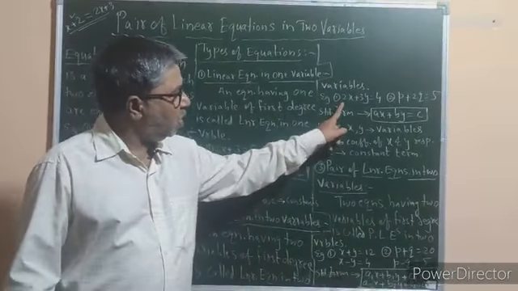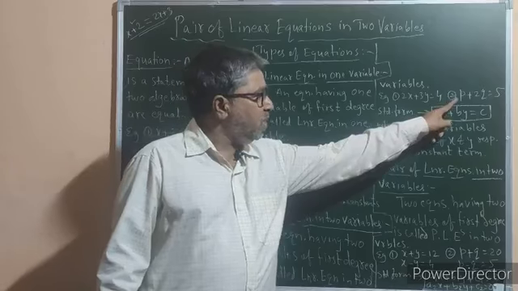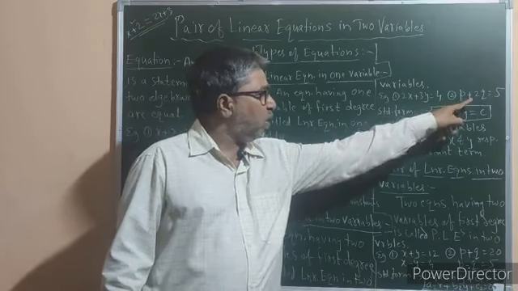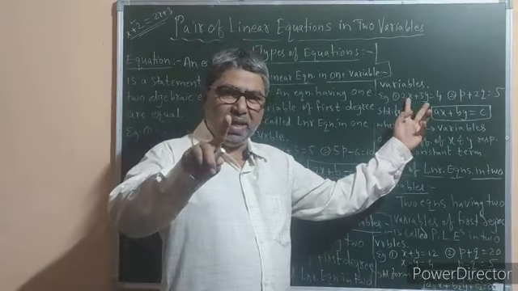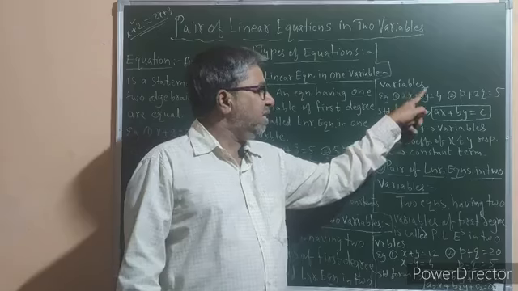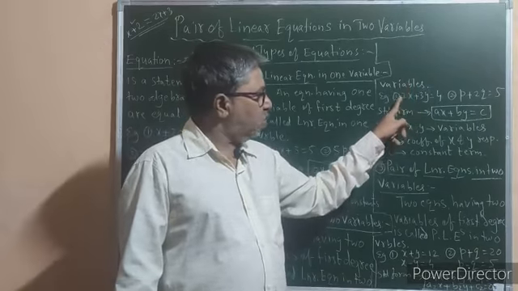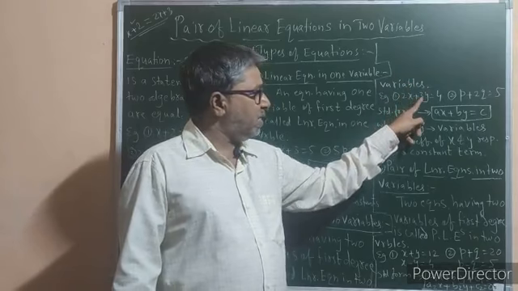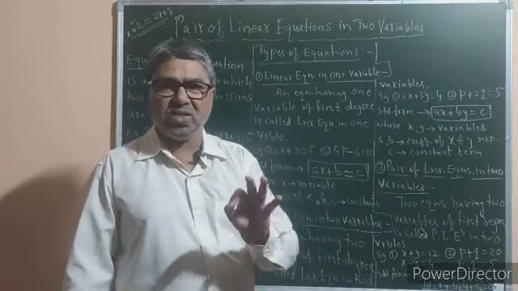For example, 2x plus 3y is equal to 4, p plus 2q is equal to 5. In the first example, x and y are the two variables, they are of first degree. Then 2 is coefficient of x, 3 is coefficient of y, and 4 is a constant term.